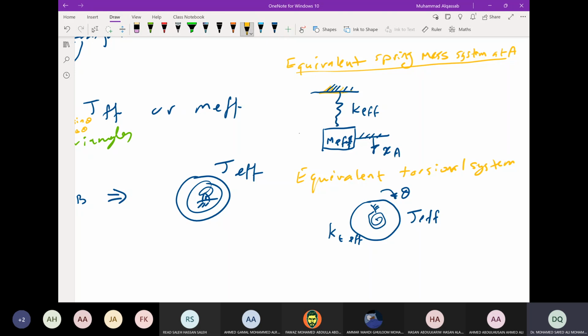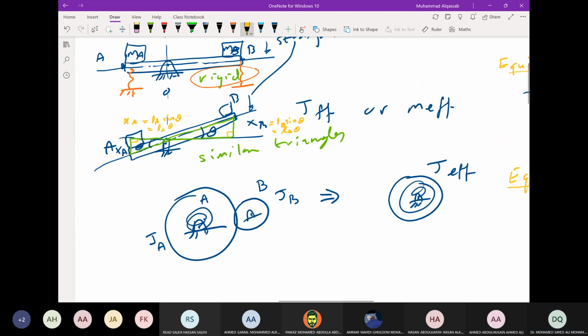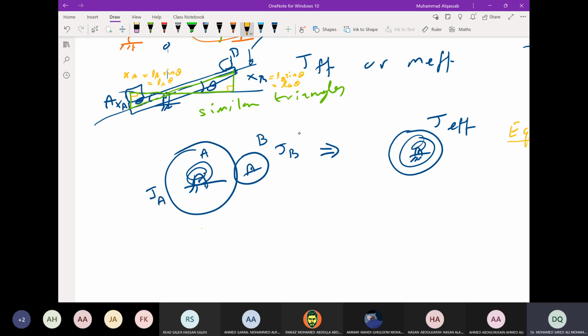So the idea is to reduce a rigid body carrying masses, or, for example, gears in mesh, where their motions are related. If gear A is rotating with theta A, then gear B is rotating with theta B, but those two coordinates are related.